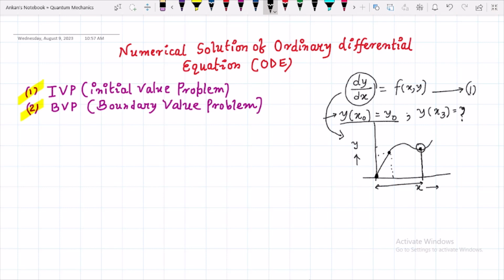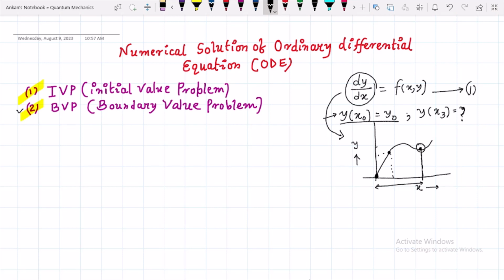Suppose you have a differential equation to solve, and you have the value of y at one extreme point, and you are asked to find y at the other extreme point, and between these 2 points you have to find the nature of the solution curve. Then the problem is called a boundary value problem, because the two boundary values of y are given to you, and you are asked to find the solution corresponding to the intermediate region between them.